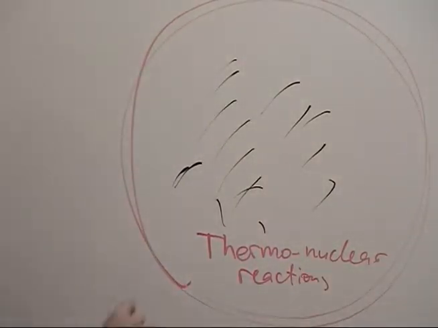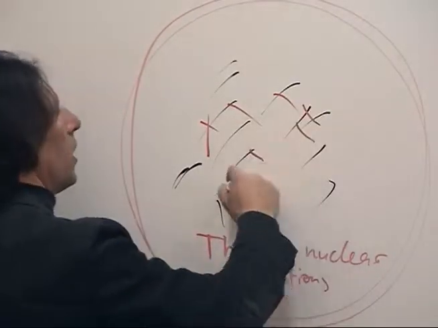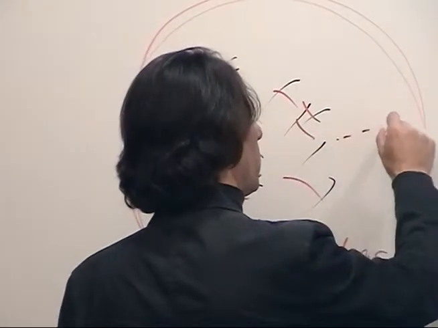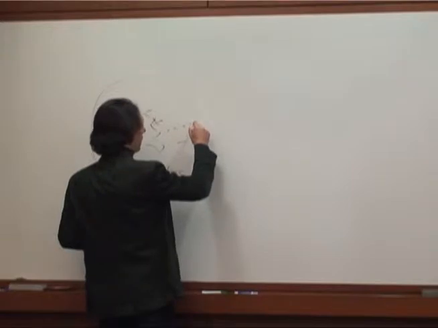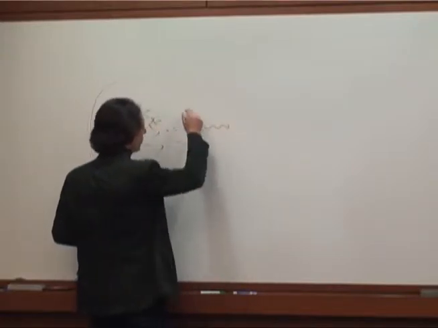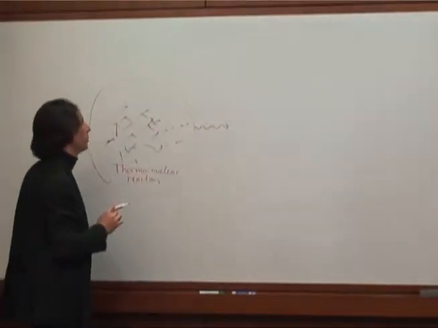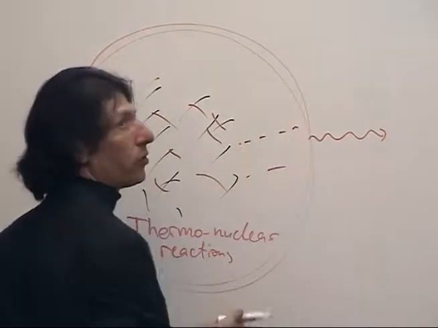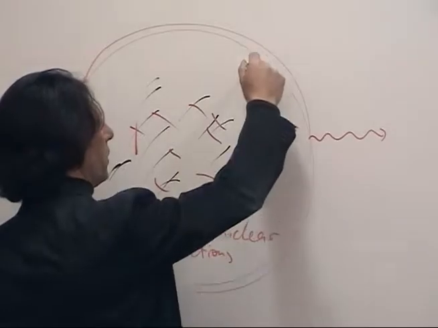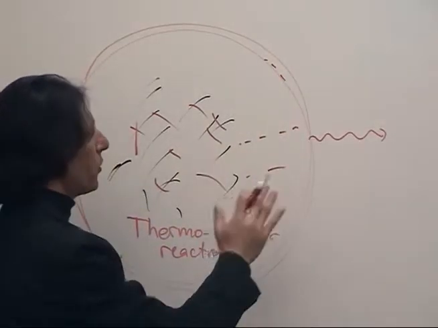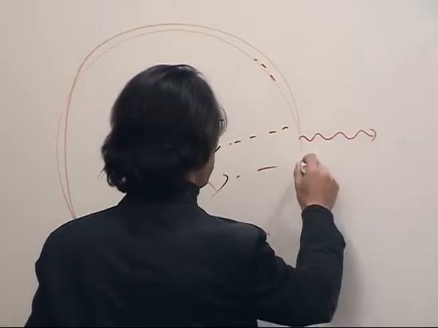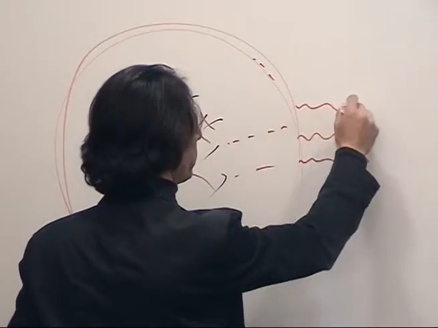These thermonuclear reactions produce all that heat, which eventually reaches the surface and gets radiated away from the surface called the photosphere, because that's where the photons decouple from matter. And we can see this as a surface, but it's not a solid surface. It's just a surface from which the photons can travel freely.